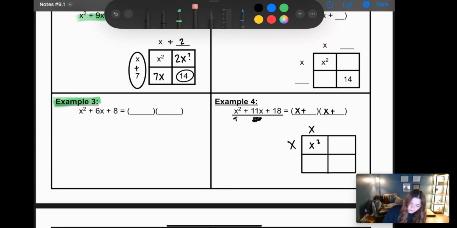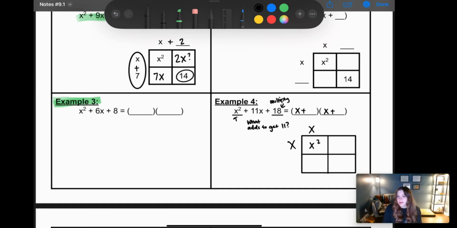So, we want to know, and you do not have to write this down, what adds to get 11? So we know something has to add together to get 11, but the next part is it also has to multiply to get 18.